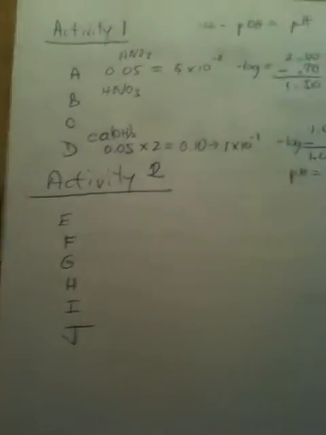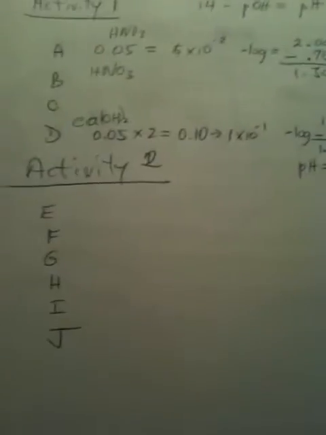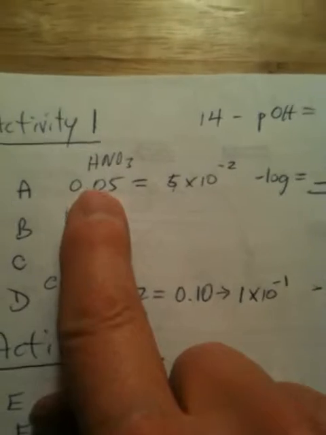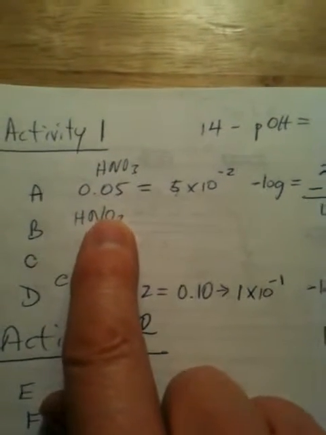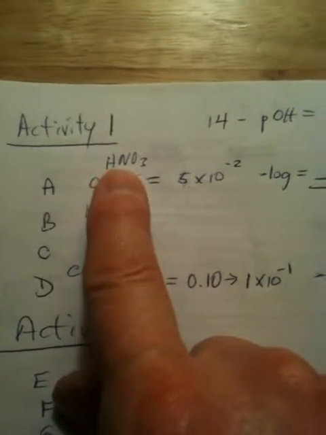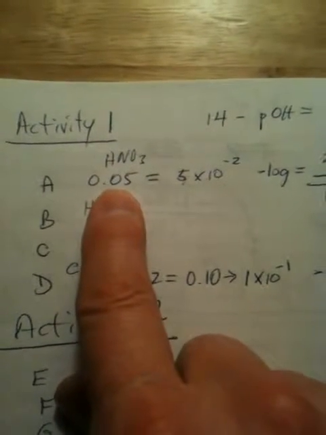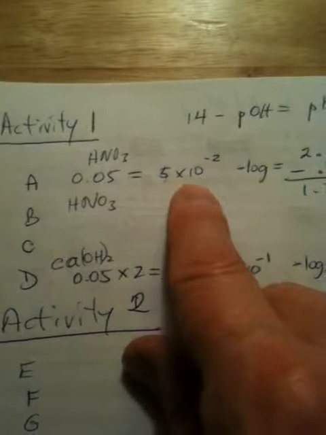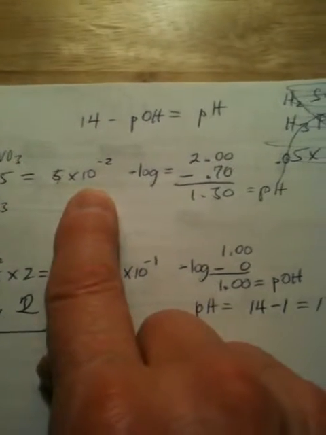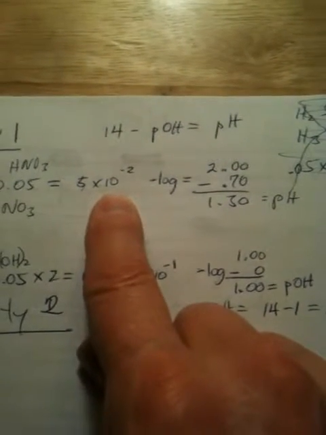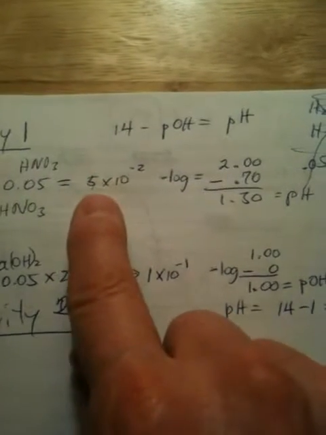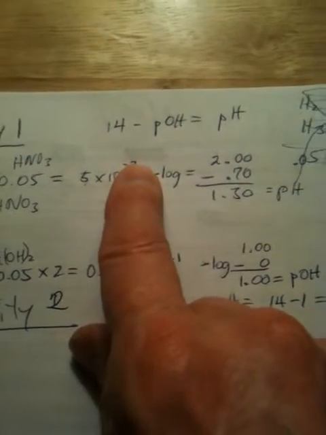So let's take a look at this. As I look at this, I see that I've labeled from A down to J, and that's where I'm going to do calculations, and I'm going to do them just like this. For A, you had a given nitric acid concentration of 0.05. That had to be converted to scientific notation to make my little method of logarithms work. So now we have 5 times 10 to the minus 2.